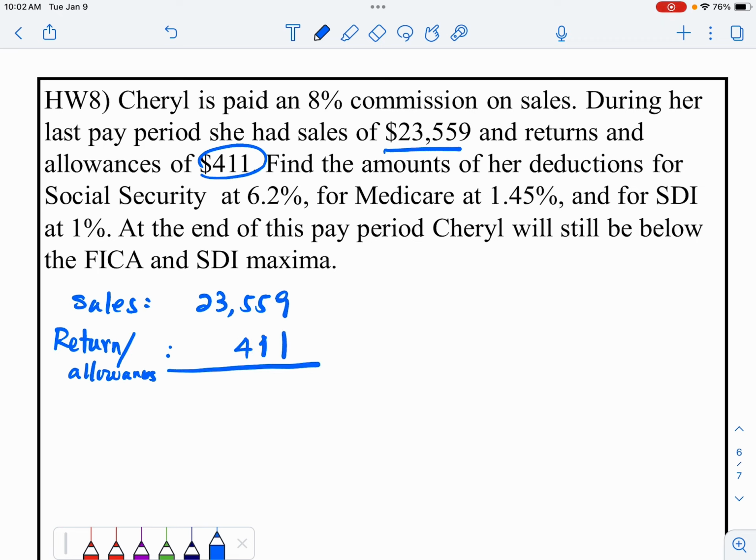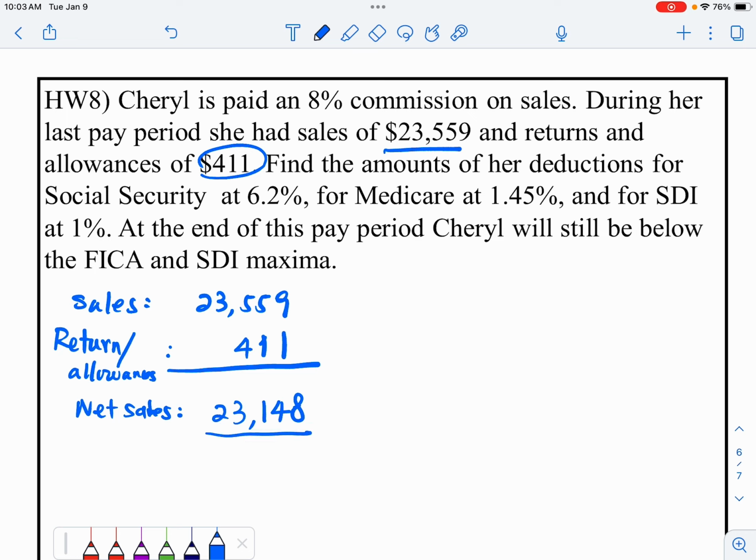And we have to find the net sales, right? So let's find the net sales before we calculate the commission. This will be $23,148. So this is the net sales.